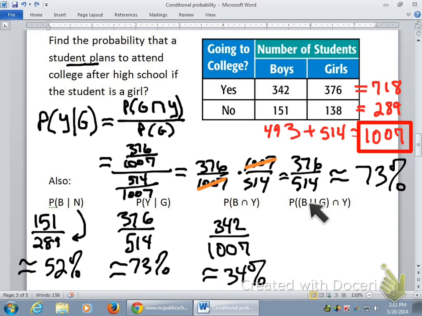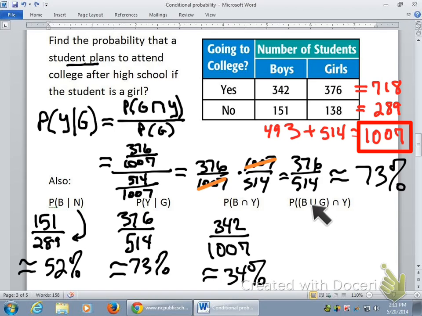Same thing on this next one. Let's try to read. What does B union G stand for? B union G, which means boys or girls. We want to use the word or there. But how many boys or girls together intersect with the yes?